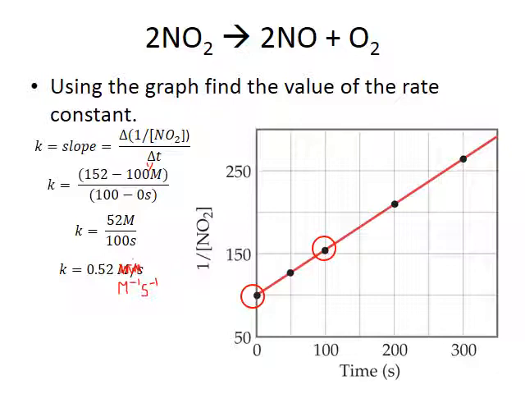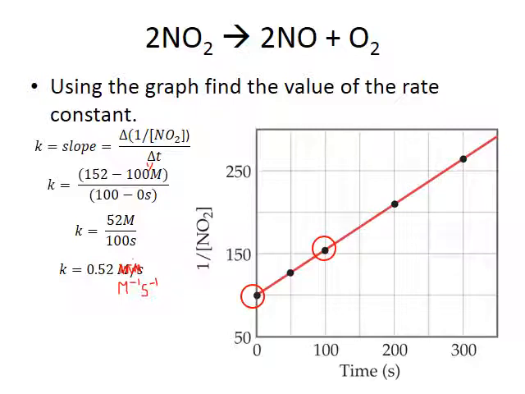So molarity to the negative 1, seconds to the negative 1, or 1 over molarity times seconds. Those would be our units. To be consistent with a second order reaction, we would have to have those units to make our rate constant units make sense. So that's another way we can actually use these graphs.